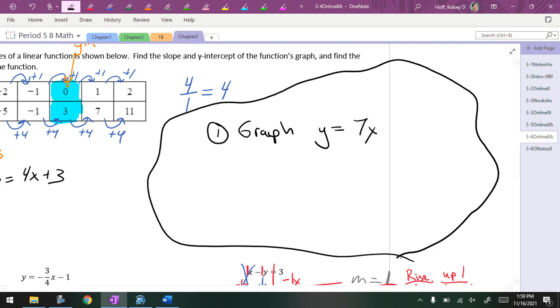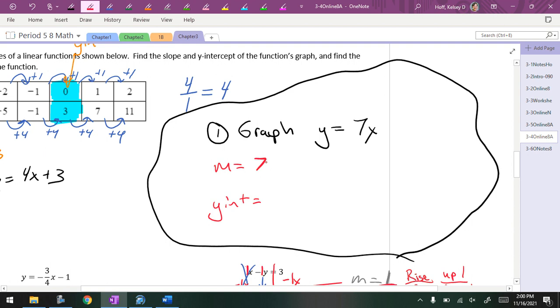The slope and the y-intercept. And the only way I can pull the slope and the y-intercept is if y is by itself. Cool. y is by itself. So what's my slope and my y-intercept? 7 is what? The slope? Agree or disagree? Nicely done.